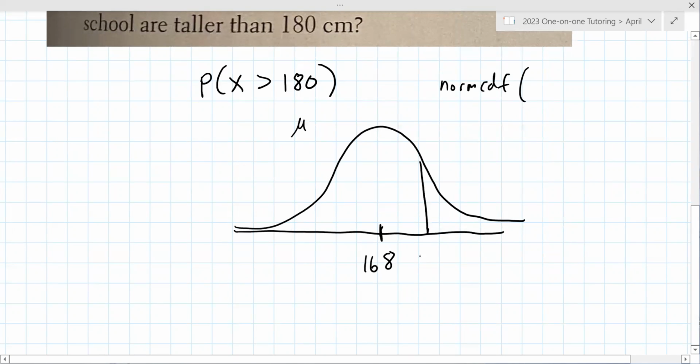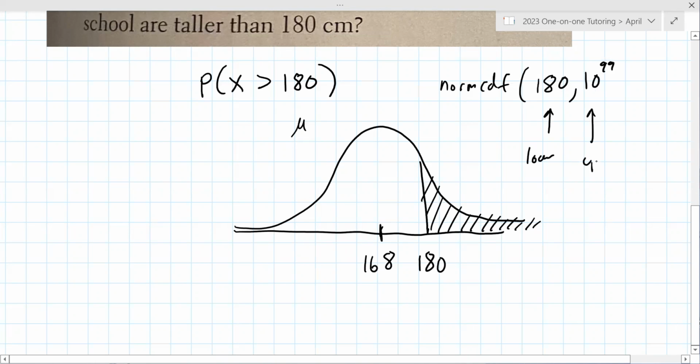And this 180 is what we're interested in, 180 and then all the people taller than 180. So when it's 180, 10 to the 99. This first one is your lower. If you don't know your upper, that's when it's 10 to the 99. Your mu is 168 and 7 is your sigma.